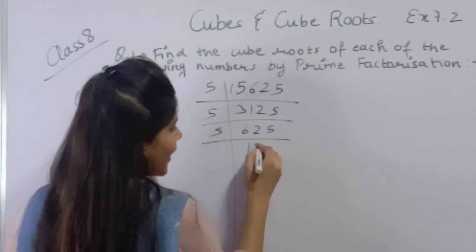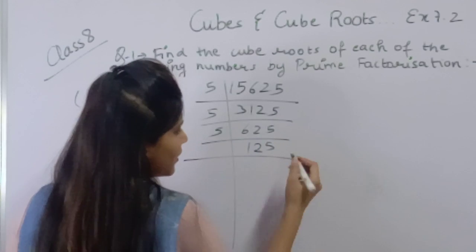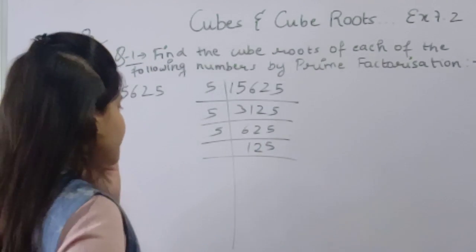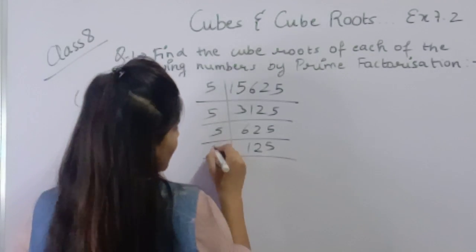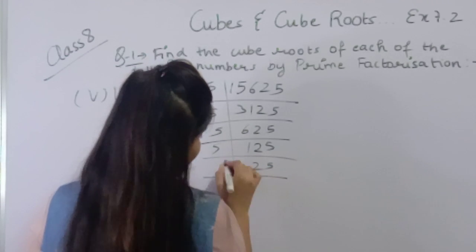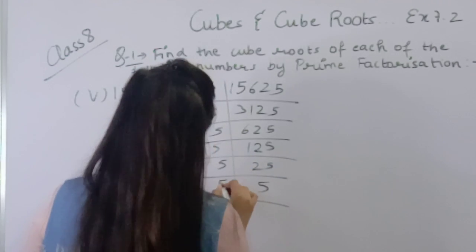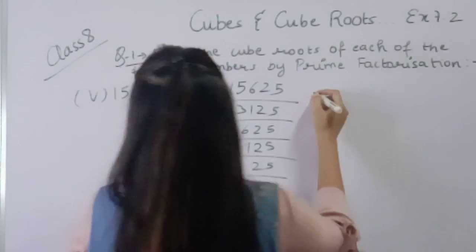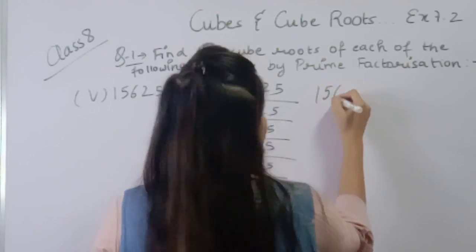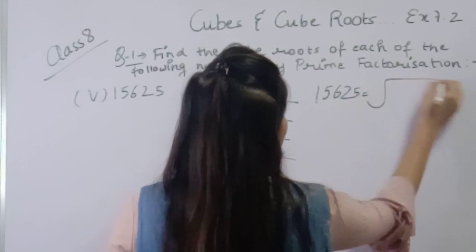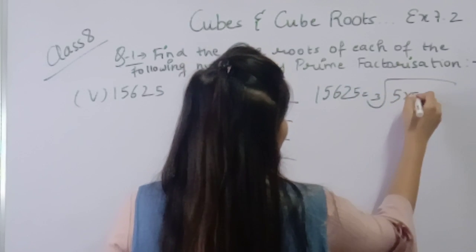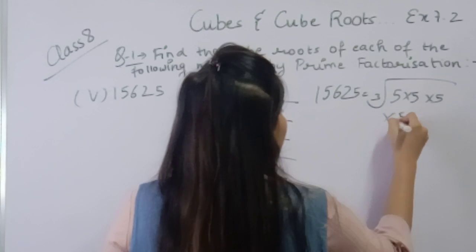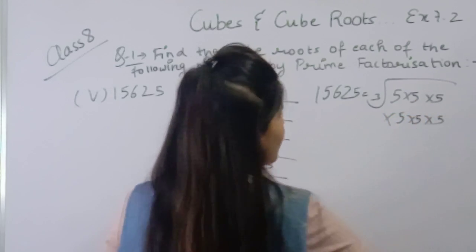Again 5 1s are 5, 5 2s are 10, 5 5s are 25. Now 5 25s are 125, 5 5s are 25 and 5 1s are 5. So factors of 15625 are 5 into 5 into 5 into 5 into 5 into 5.